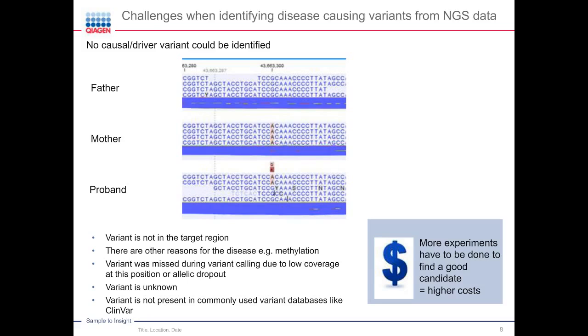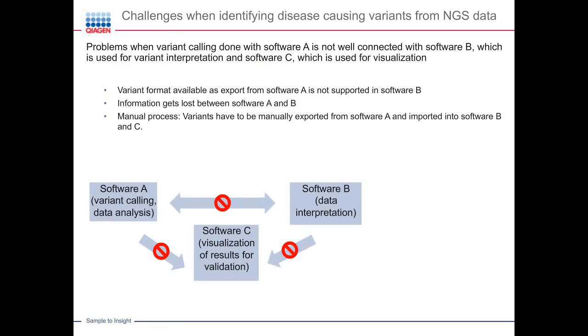So that means, because you cannot find the cause, either you cannot help the patient at all, and cannot report something back, or you do more experiments. For example, from a whole exome sequencing experiment, go to a whole genome, or do other kinds of assays to find a good candidate. But that would also mean higher costs.